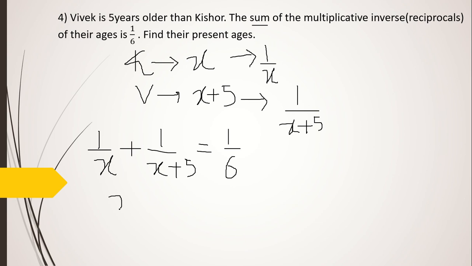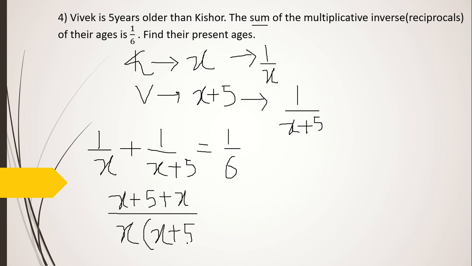Just cross multiply over here. You get x plus 5 plus this x into 1 is x, upon x into x plus 5 is equal to 1 upon 6.